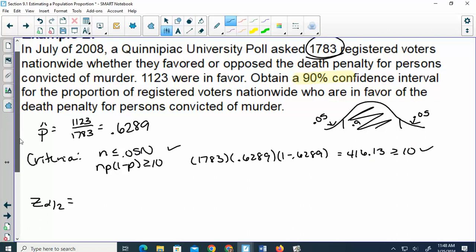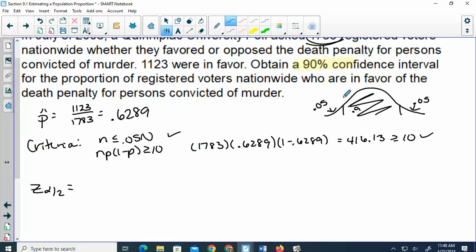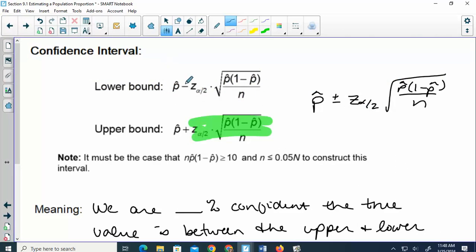All right, there's a couple ways to do this. We are looking for our z values. Okay, now technically there are 2 of them, right? A positive and a negative one. We're just going to look at the positive one because in the formula itself, the minus is for the negative z value, the plus is for the positive.